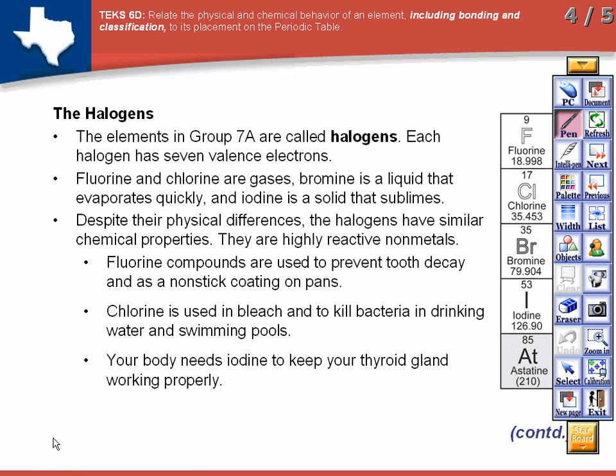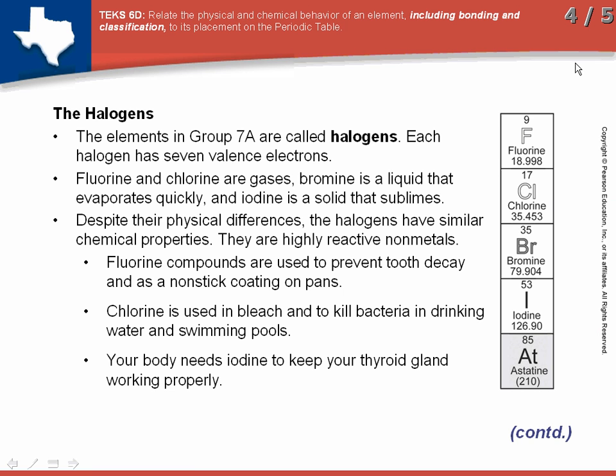Yep, group 7A, the second to last group on the periodic table on the right side, are the halogens. Very reactive nonmetals. Remember, alkali metals, the leftmost column, are the most reactive metals. Most reactive nonmetals are the second to last group on the right, the one that starts with fluorine at the top.